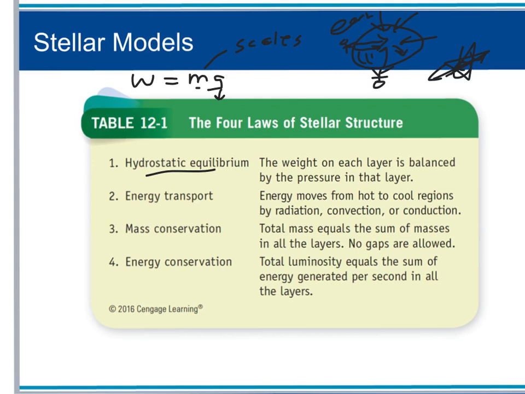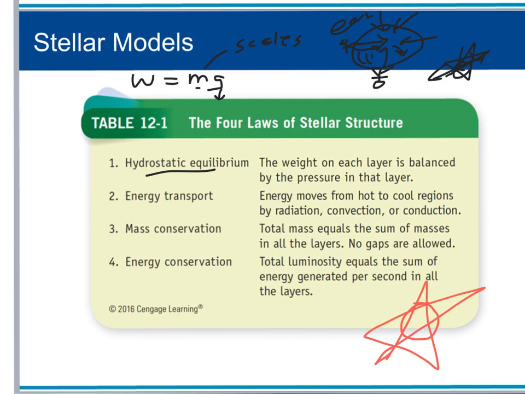So you have this star here, and let's put some layers around it. Actually, I should draw that a little bigger and change my color. So we have this real big star right here, and here's the core.